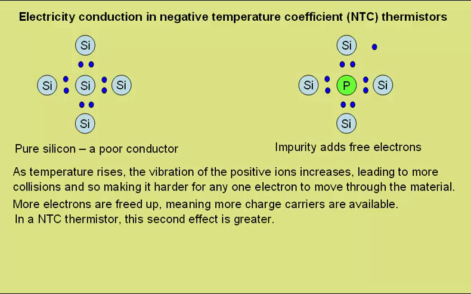In a negative temperature coefficient thermistor, the second effect of freeing up electrons is much greater than the first effect of causing more resistance for any one electron. Thus, as the temperature of an NTC thermistor rises, its resistance falls.